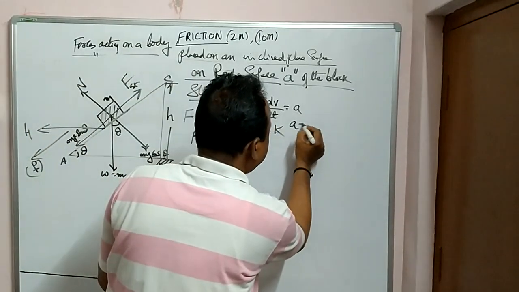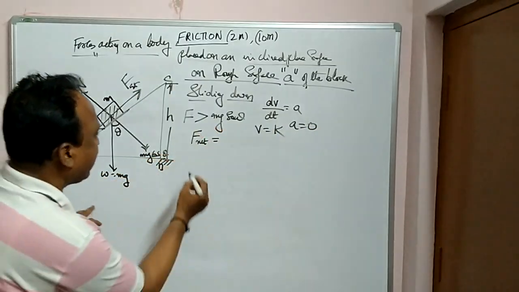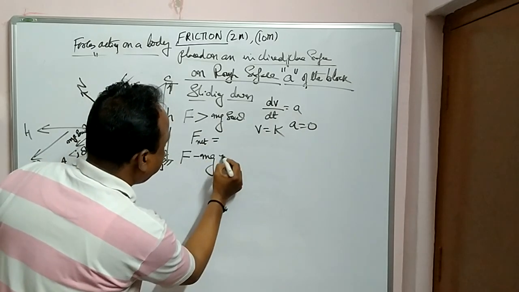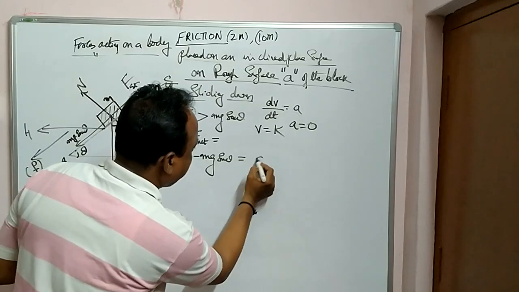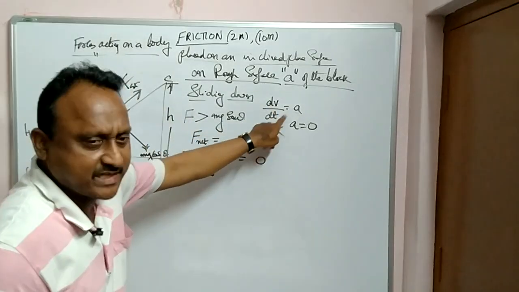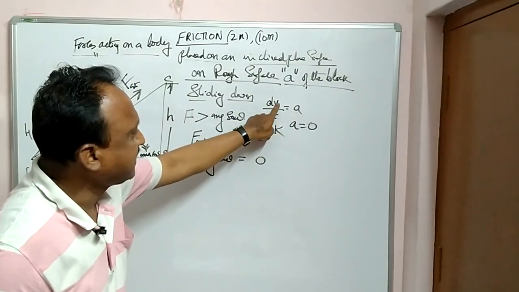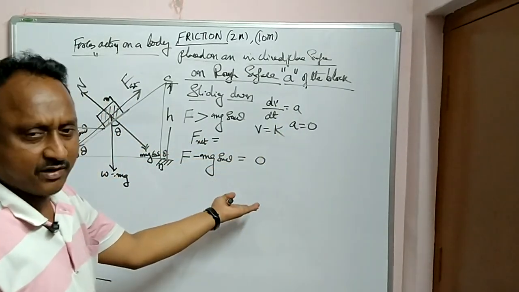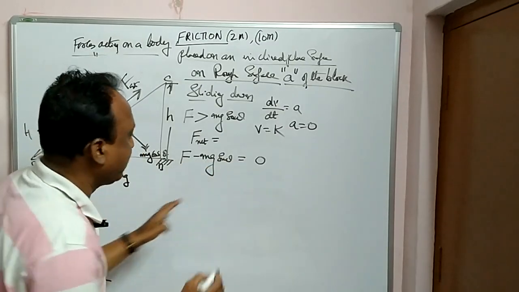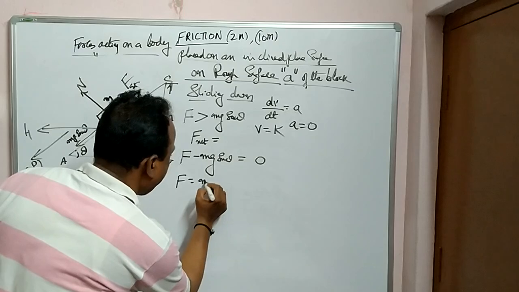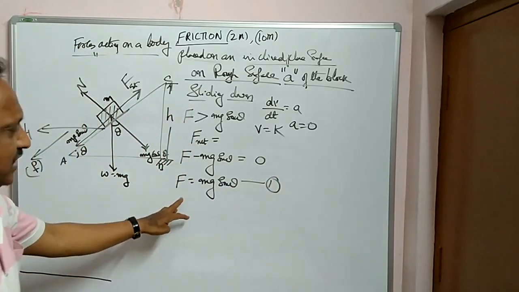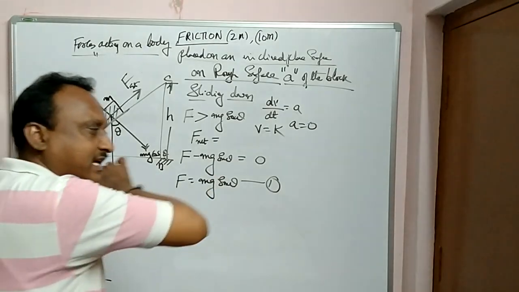So what will the acceleration be? 0. Here, for example, F minus mg sin theta is equal to 0. Because if velocity is constant, the derivative of a constant is again 0. So there is no acceleration here, since velocity is constant. Then F minus mg sin theta is equal to 0, or F is equal to mg sin theta. What is F? The applied force.